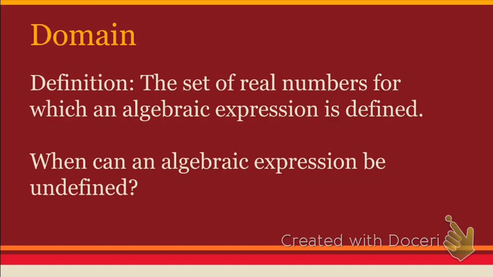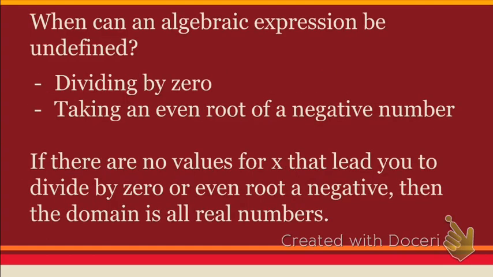So let's investigate them. Graphically, domain is all of the x values that the graph hits or passes through. So we're going to look at some graphs. We just talked about looking for algebraic expressions that can be defined or not defined for certain x values.